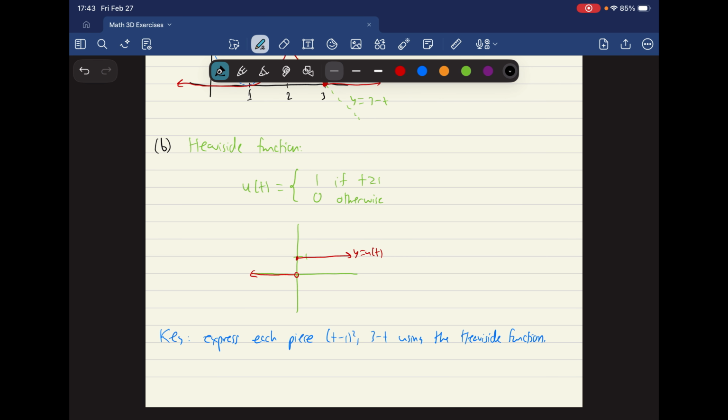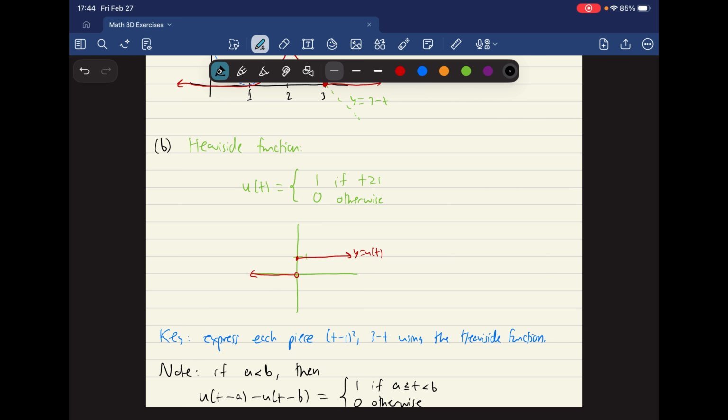But first, the first thing we need to note is the following. If I have two numbers a and b, and a is less than b, then the function u of t minus a minus u of t minus b, it's not difficult to check that this function is 1 if t is between a and b, but not including b, and this function is 0 otherwise.